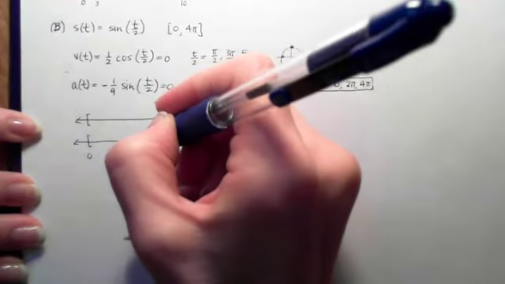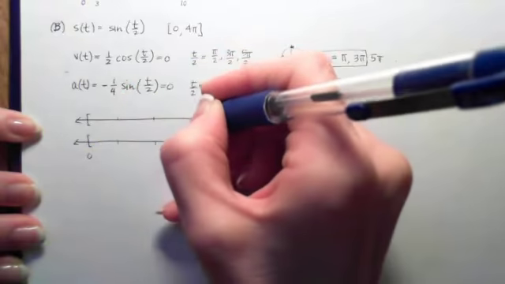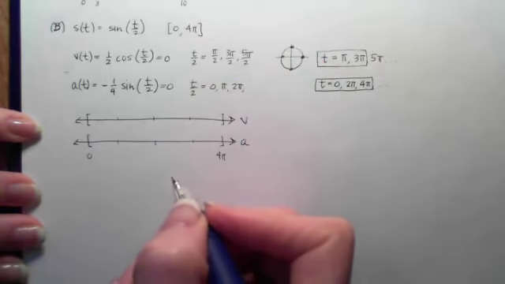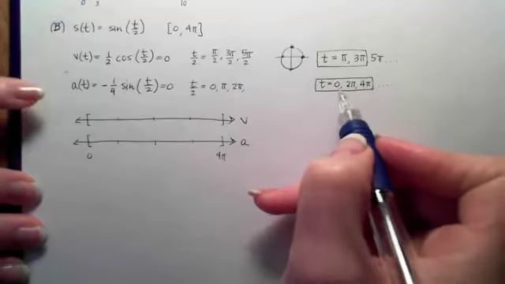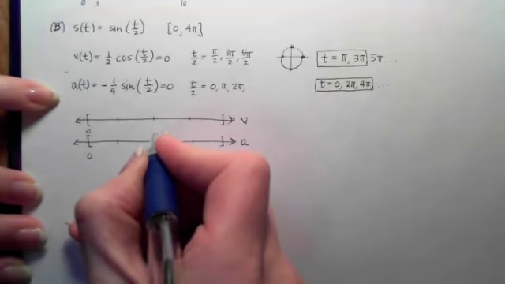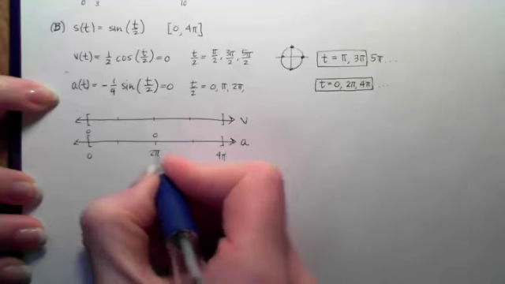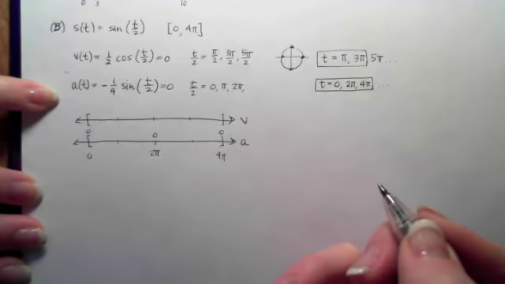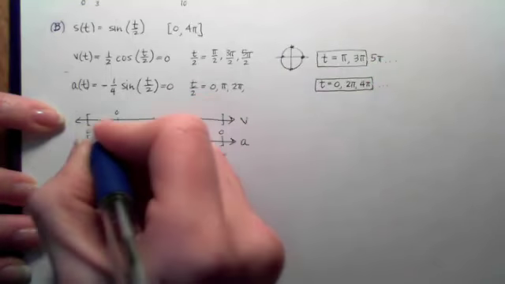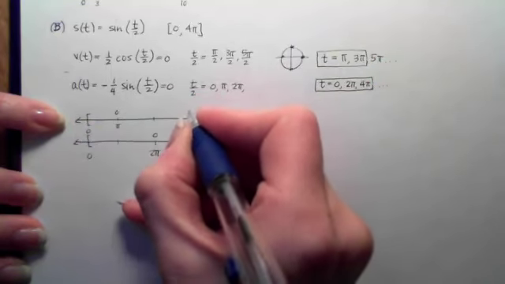So it looks like I'm dealing with sections that are 1 pi long. So on the acceleration curve, I have a 0 at 0, and again at 2 pi, and again at 4 pi. On the velocity curve, I have a 0 at pi, and a 0 at 3 pi.